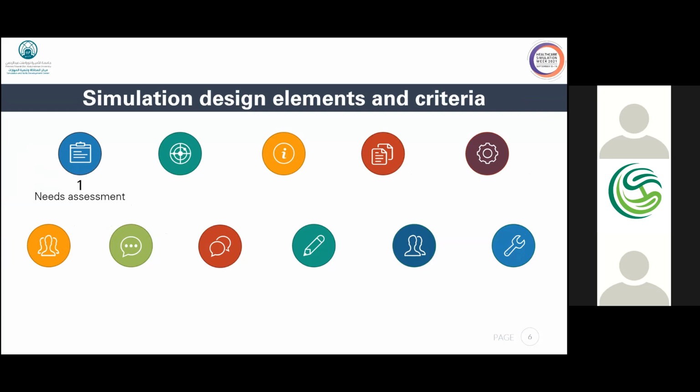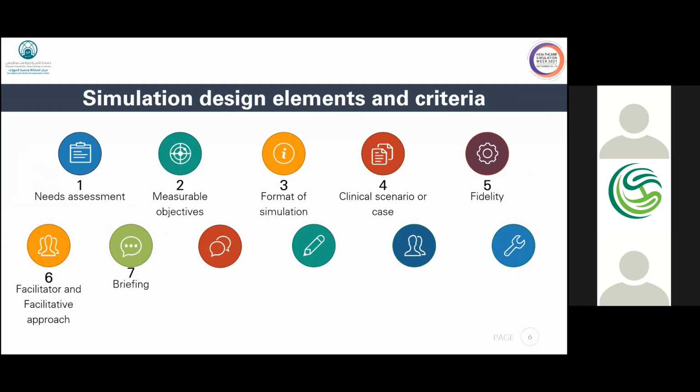The simulation design elements and criteria are very well known among all of us. This is a very quick and brief summary of those elements and criteria. I'm going to shift the focus to the design, and focus on the quality of each step and those criteria and elements. The elements are needs assessment, measurable objectives, and the format of the simulation education.